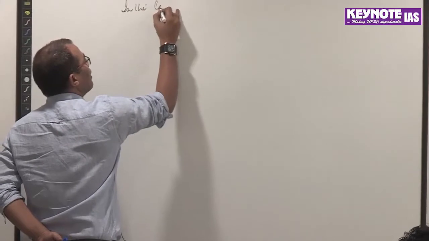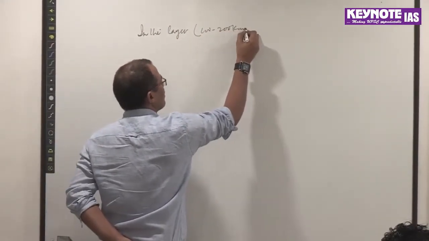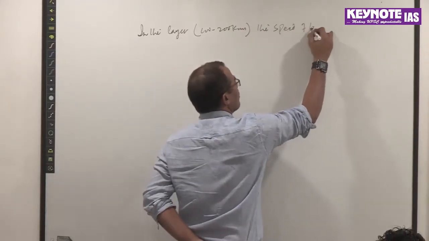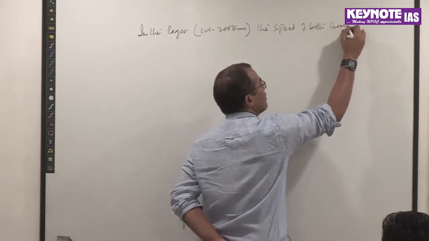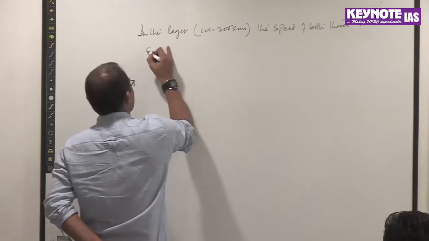In the layer between 100 to 200 kilometers, the speed of both these waves decreases.